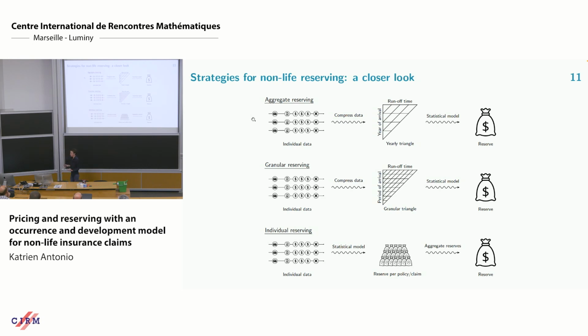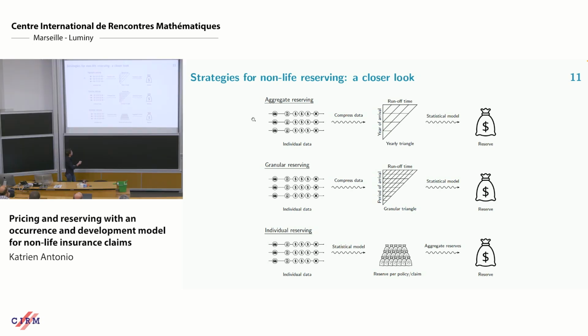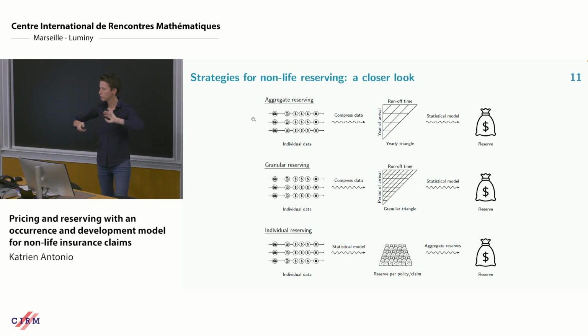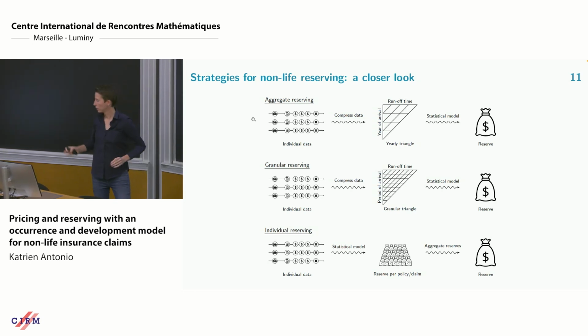With aggregate reserving, I have the very traditional chain ladder or GLM kind of framework in mind, where we do the aggregation into a runoff triangle, but where the periods of discretization are quite large, let's say a quarter or half a year or a year. So you see that in the picture. It's a runoff triangle, but the discretization is quite rough.